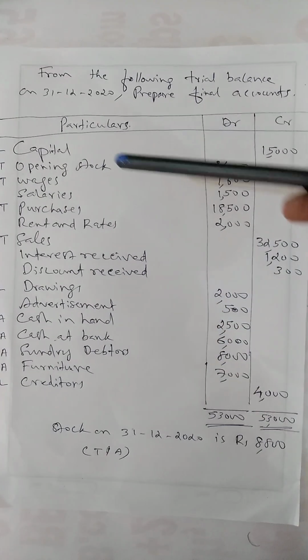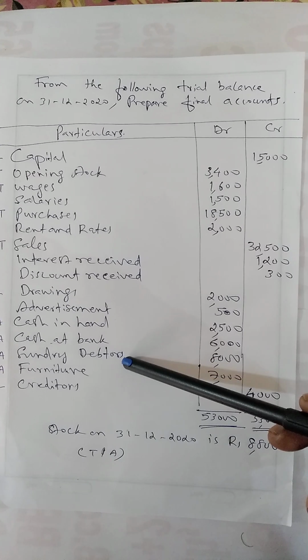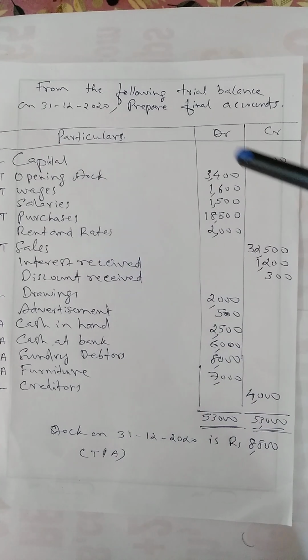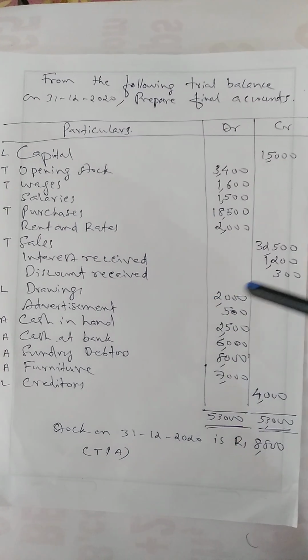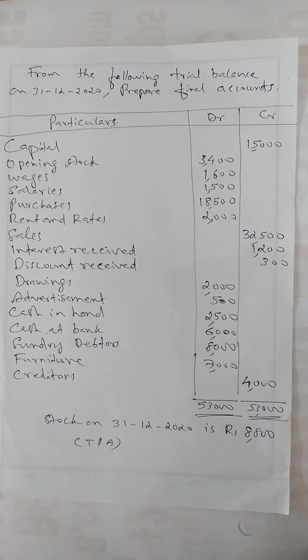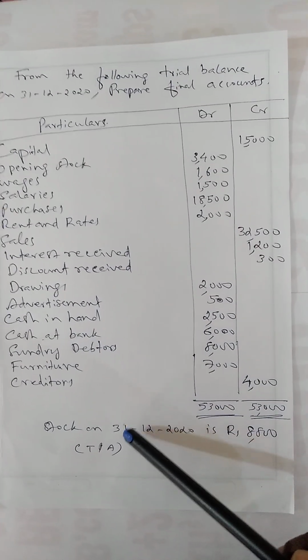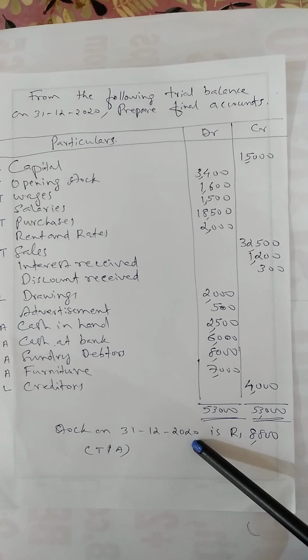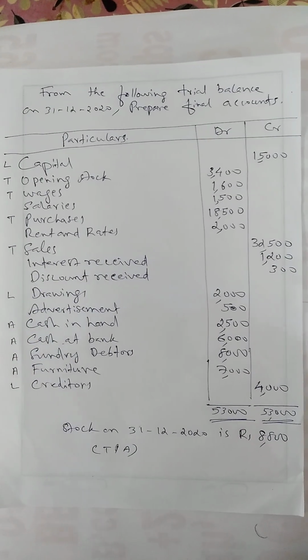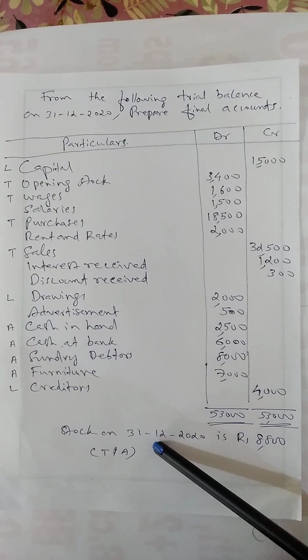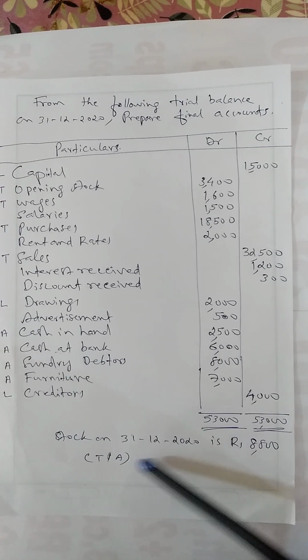But the item given in the adjustment, here it is closing stock. Several adjustments are there. Here only one adjustment is given in this question, and this adjustment is closing stock.